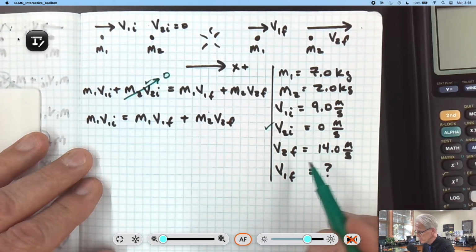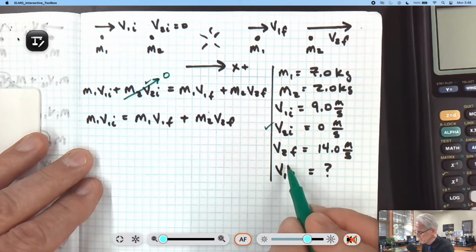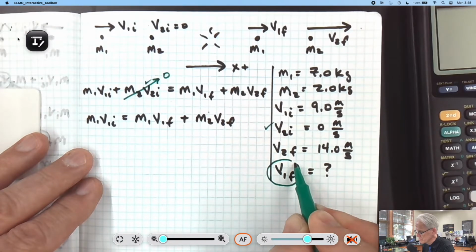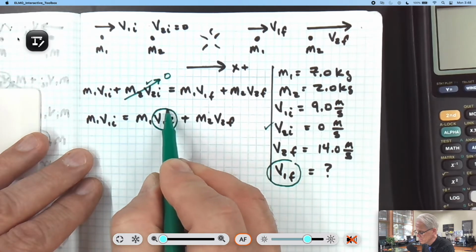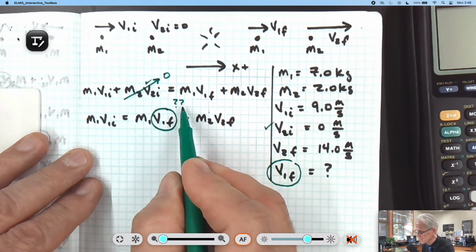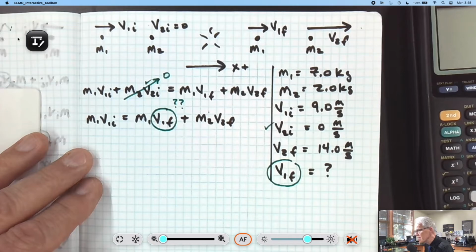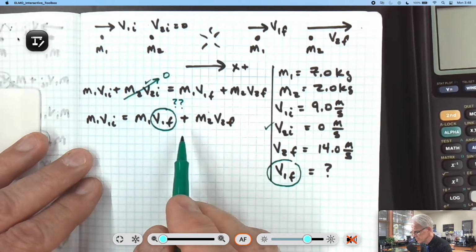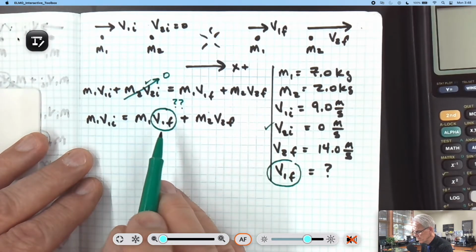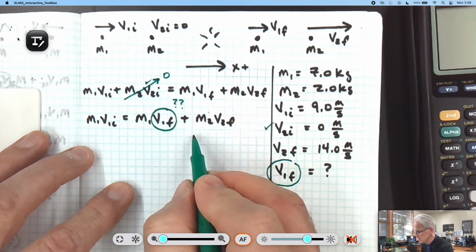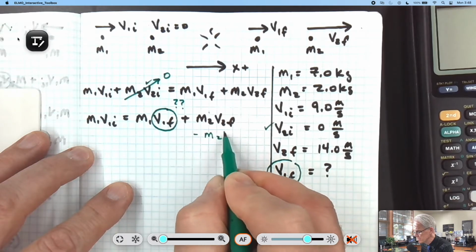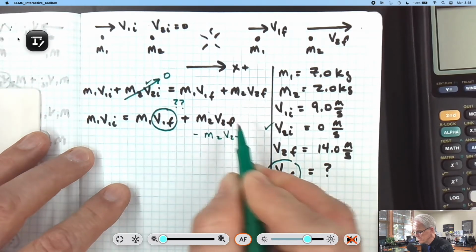So what are we looking for? V1 final. Here's V1 final. We don't know that. We can find that by solving this whole equation for V1 final, which means I'm going to subtract M2 V2 final from both sides.